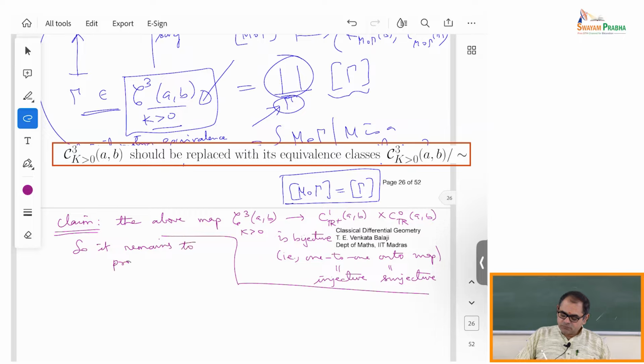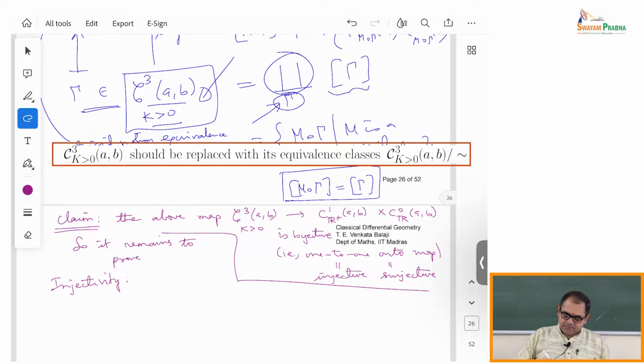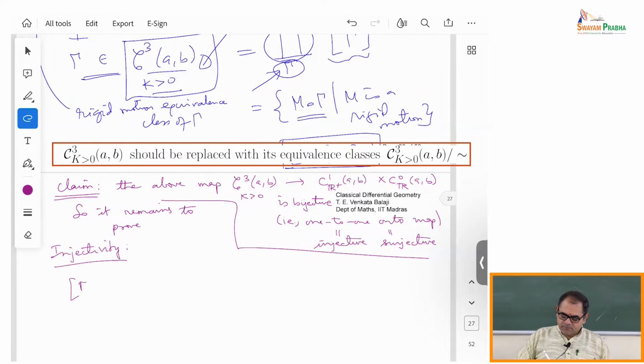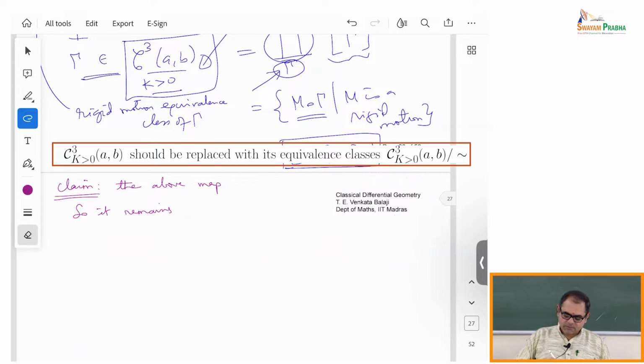Injectivity. What is injectivity? Namely, you start with gamma 1 and gamma 2 on the left side, equivalence classes. Gamma 1 will go to k gamma 1 of s, tau gamma 1 of s, and gamma 2 will go to k gamma 2 of s, tau gamma 2 of s.